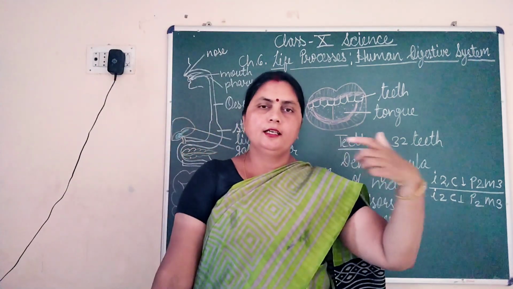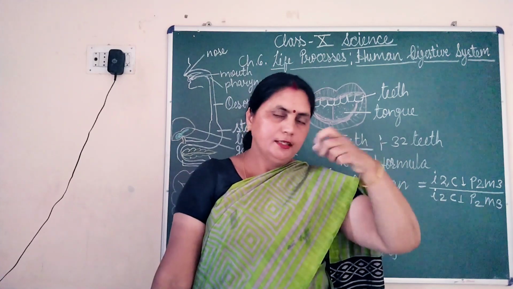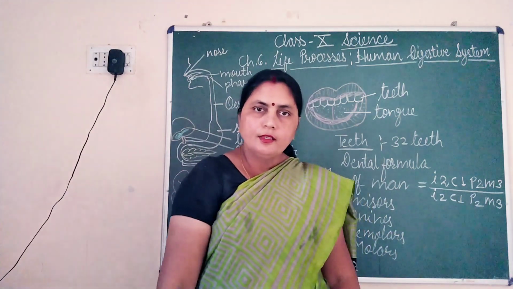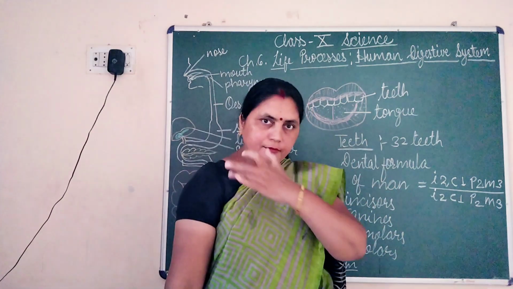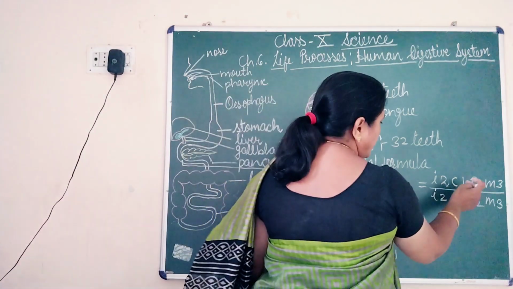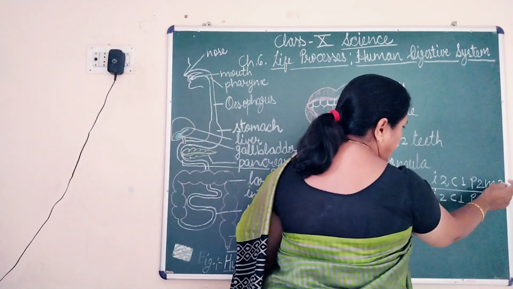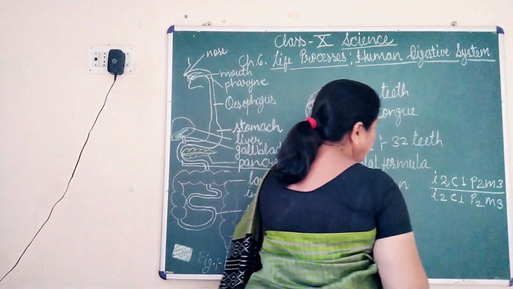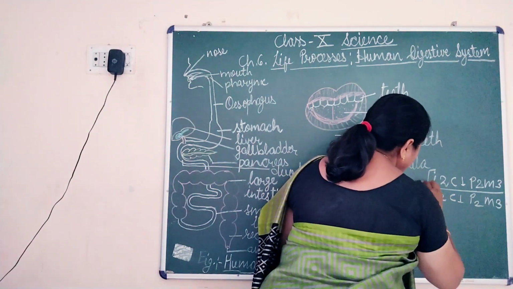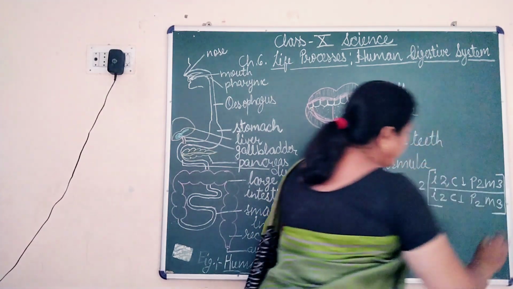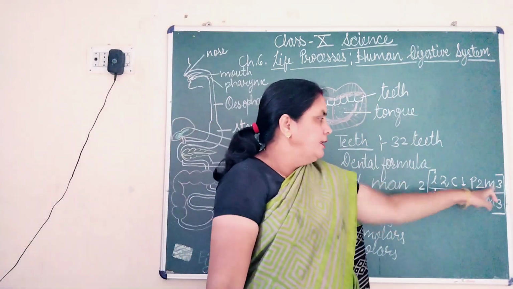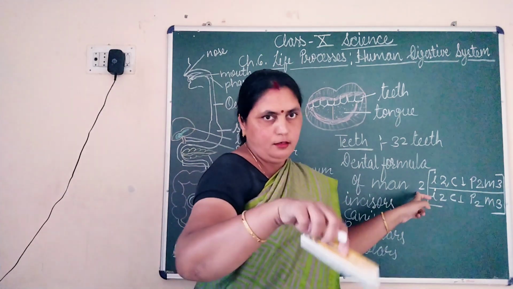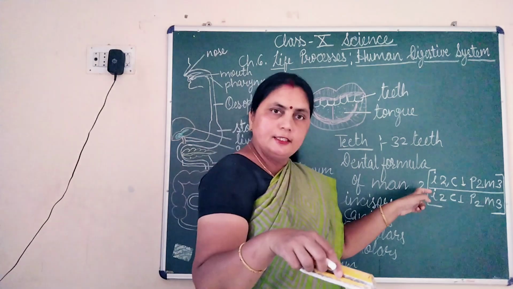Suppose I am standing here, this is the left side of my face. So in this half portion this is the number of teeth. The same is the number of teeth in the other half. If you count them, 2, 3, 5, 8. That means 8 in half of your jaw. So if we multiply it by 2, in the upper jaw, 8 teeth into 2 means in the whole upper jaw there are 16 teeth.